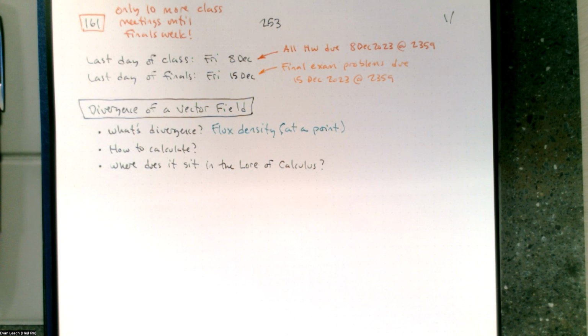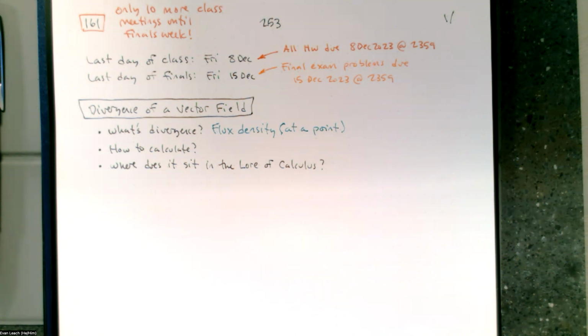Specifically, we're thinking of flux density at a point. How much flux is happening at this point? That part right there, where I said flux density and in parentheses at a point, really tells you where this sits in the story of calculus.